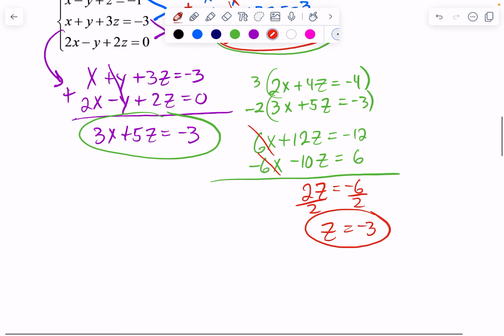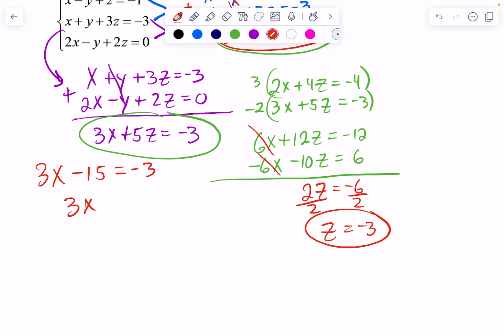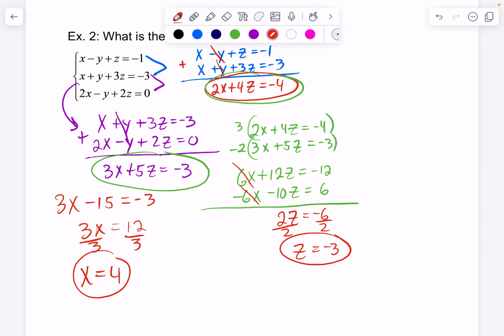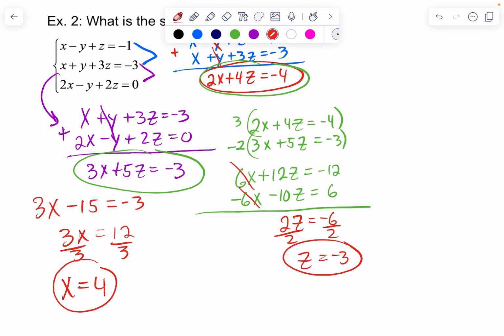Now that I have that z equals negative 3, let's find my x. 3x minus 15 equals negative 3. 3x equals 12. X equals 4. And now I have that x equals 4, z equals negative 3. So I'm going to plug it into this first one and solve for y.